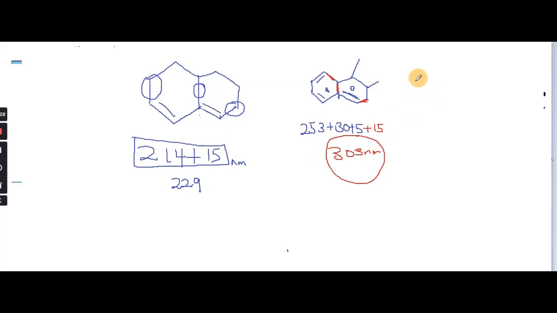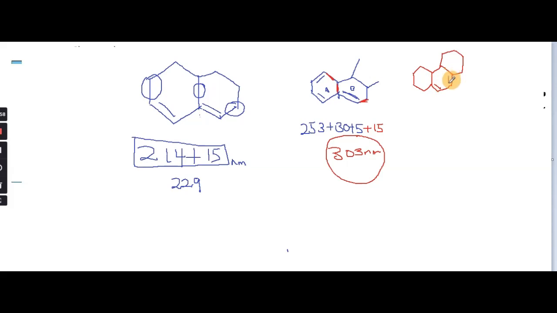Next, let's look at this compound. So let's say we have this. We have that. Then we have an extension here. Then we have this.